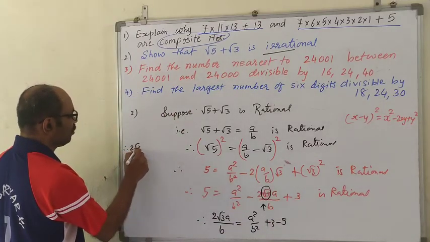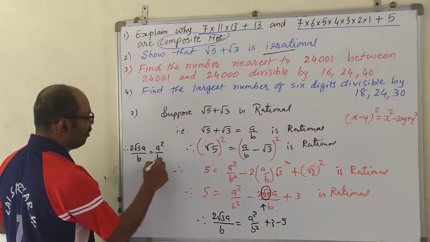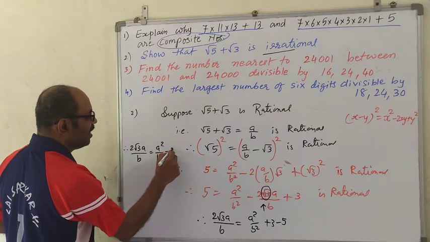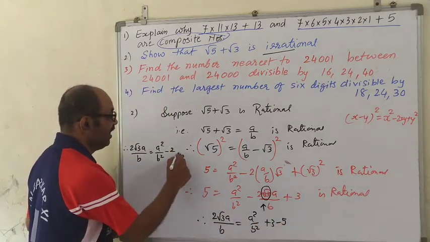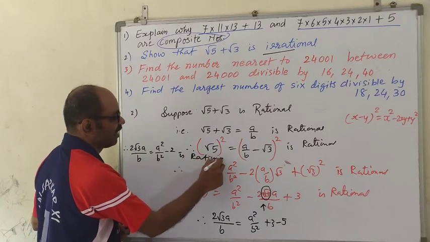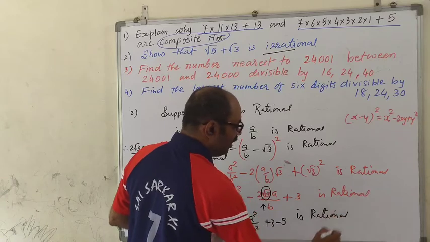Therefore 2 root 3 a upon b is equal to a square upon b square minus 2 plus 3 minus 5 is minus 2 is rational. This you will have to continue. Is rational. All right.